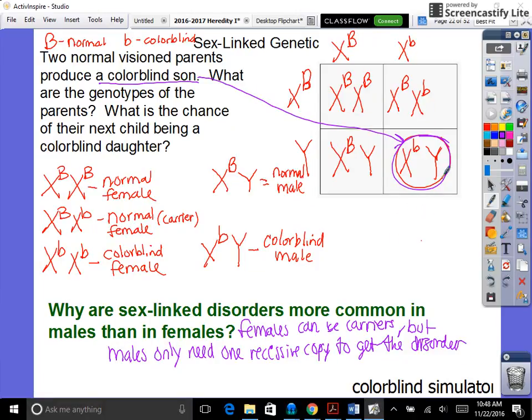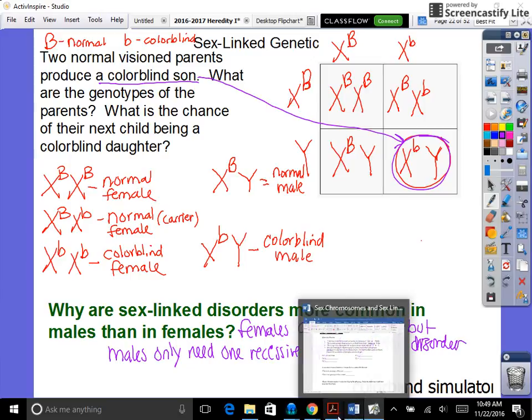In conclusion, there's a 25% chance they'd have a child that's colorblind. If they look at their boys, there's a 50% chance that one of their sons is going to be colorblind. So in conclusion, sex-linked disorders are more common in males than females, because females can be carriers, but males only need one recessive copy to get the disorder.